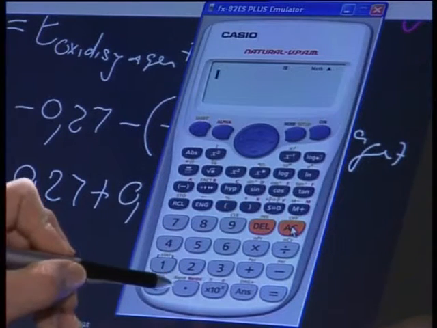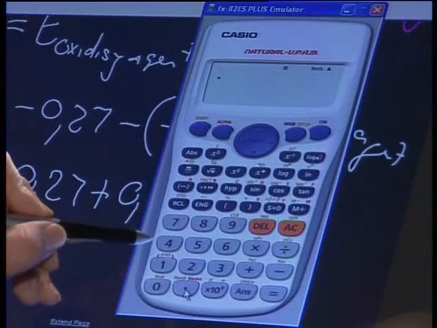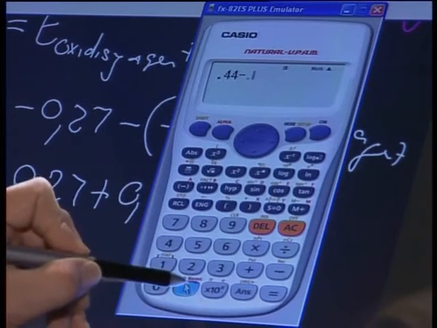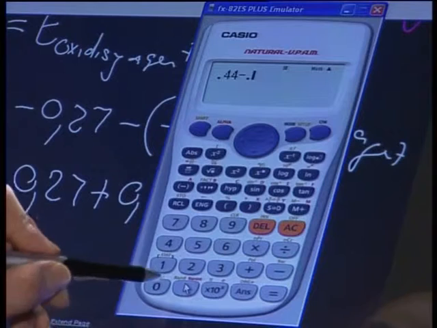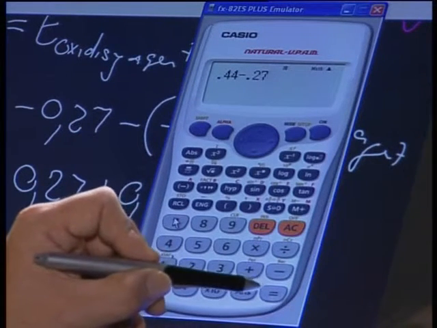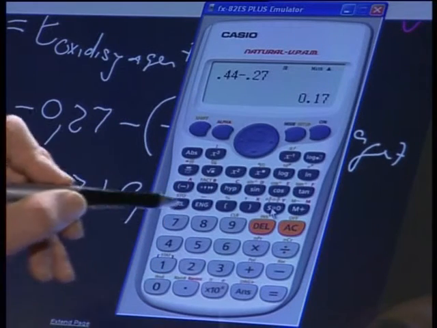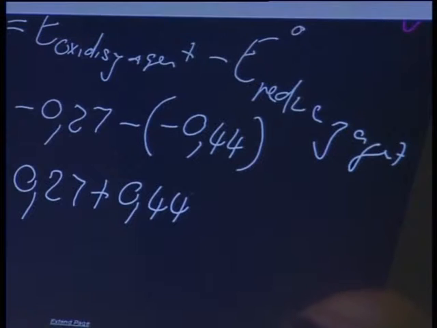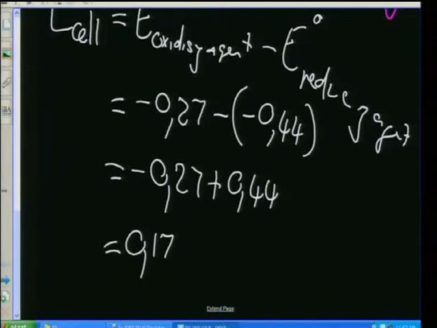I'm going to say it's 0.44 minus 0.27, and I will get an answer of 0.17. So not a very big potential difference, 0.17 volts. Please don't forget your units.